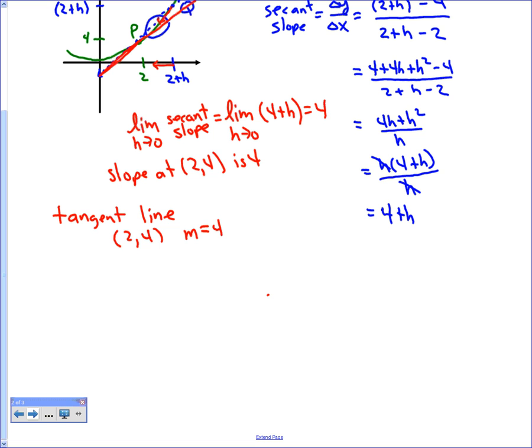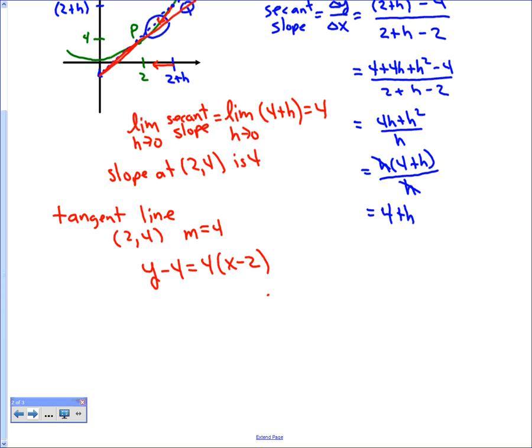The slope of the tangent is 4. It passes through the point 2, 4. So our equation is going to be y minus 4 equals 4 times x minus 2. And in AP, that's perfectly fine to leave it that way. The only time we'd want to change it and solve for y is if we need to put this into a calculator for some reason.